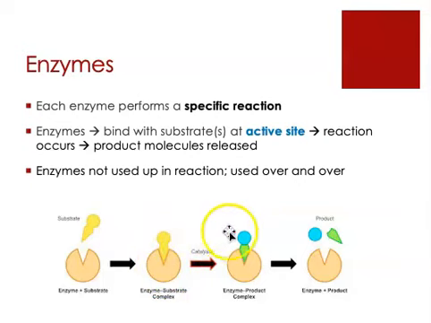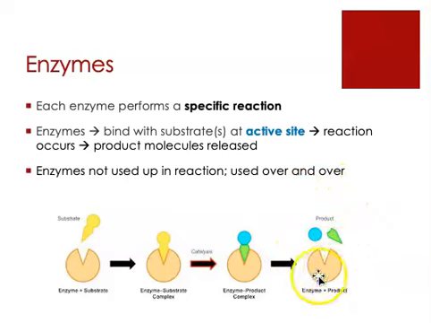The next thing that's going to happen is, as I said, old bonds will be broken, new bonds will be formed, and our substrate will be transformed into product. And in this drawing, the product is actually two separate molecules, the blue one and the green one. When the product is produced, the product no longer fits perfectly inside that active site, and so it gets released.